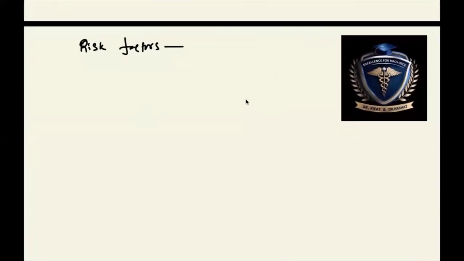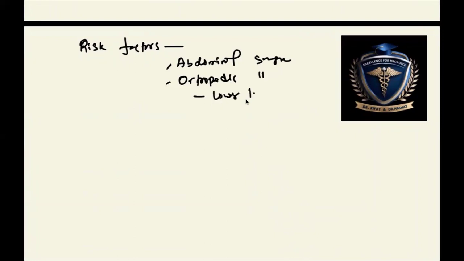You can see the most important risk factors are abdominal surgeries, or any orthopedic surgeries, especially lower limb procedures, or lower limb fractures, or even varicose vein surgeries, which are the commonest examples.